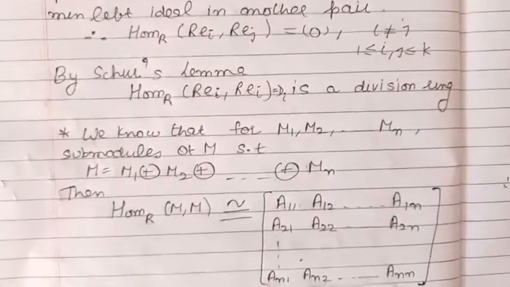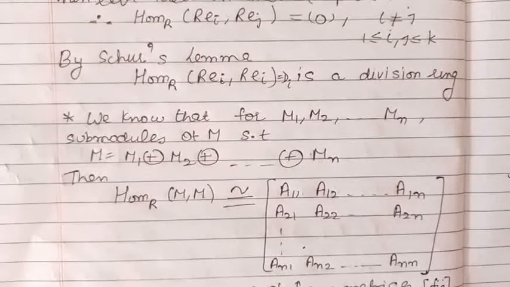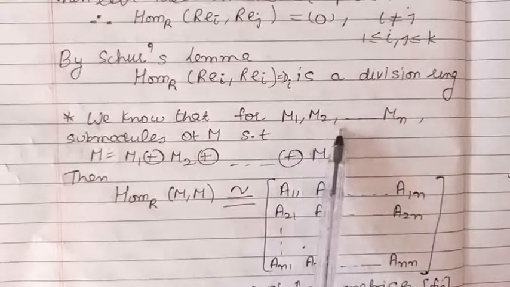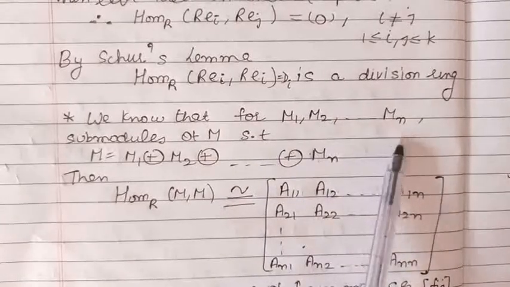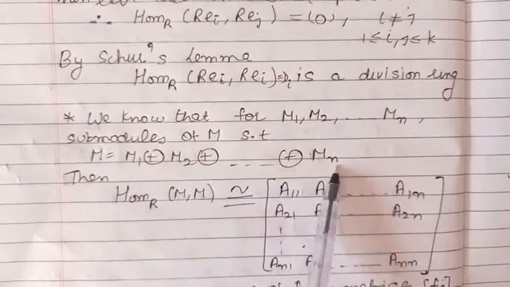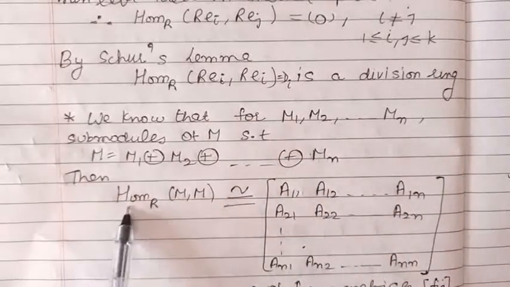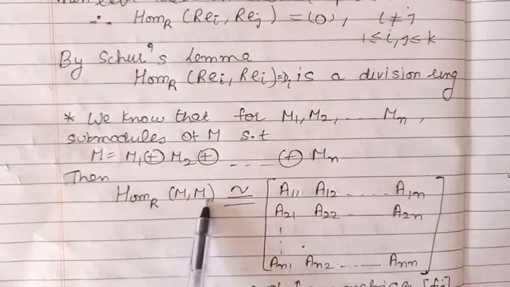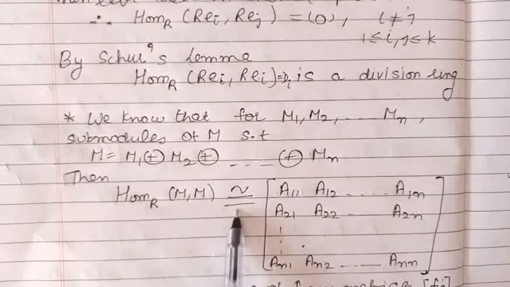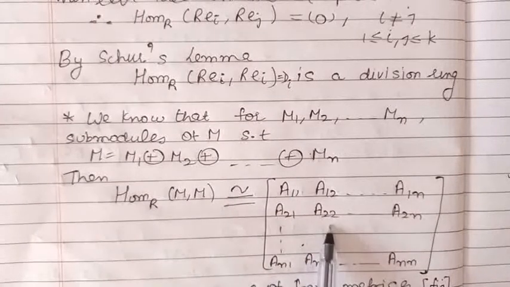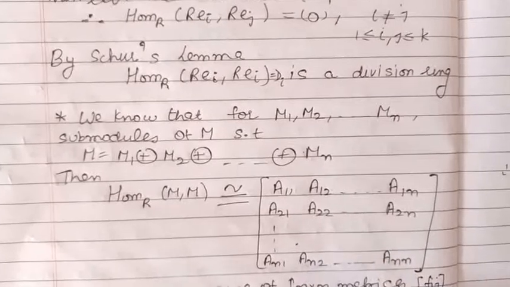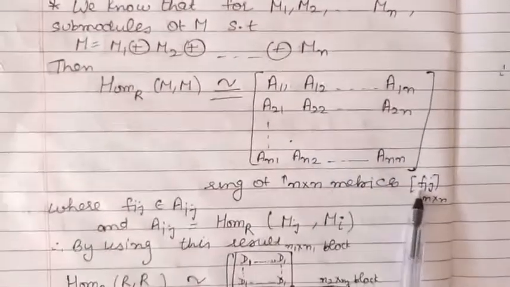Now let me remind you of the result which we did at the start of this section. For modules M1, M2, M3 up to Mn, if M is the direct sum of these modules, then the ring of homomorphisms of module M into itself is isomorphic to the ring of n cross n matrices of the form Fij.